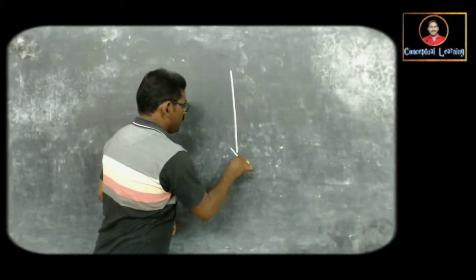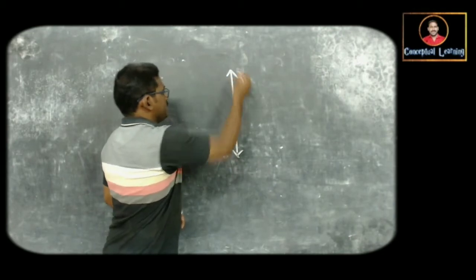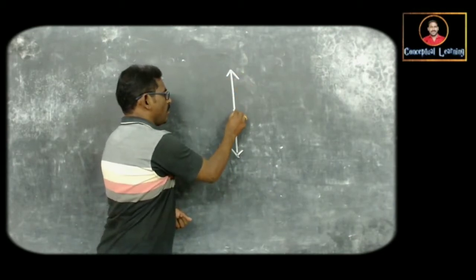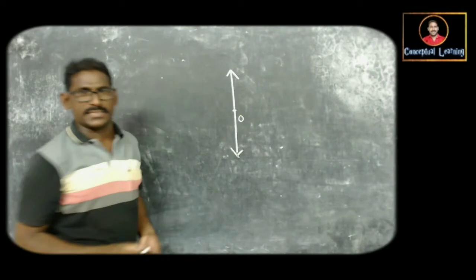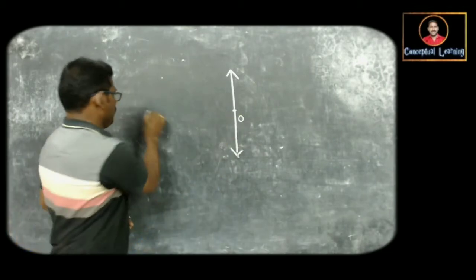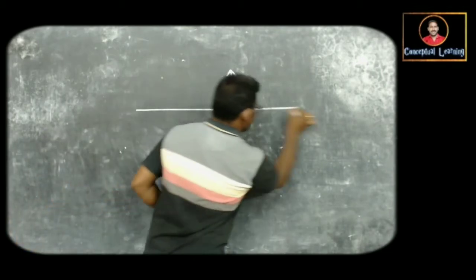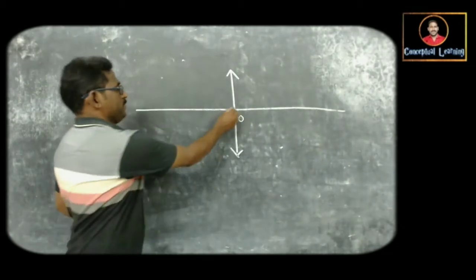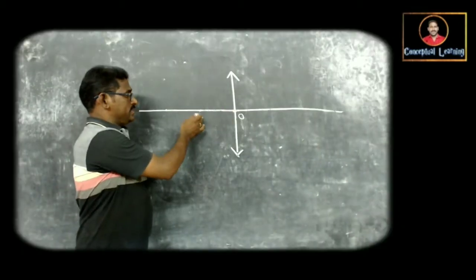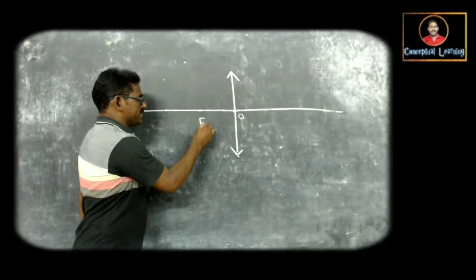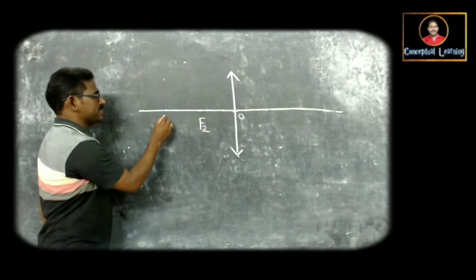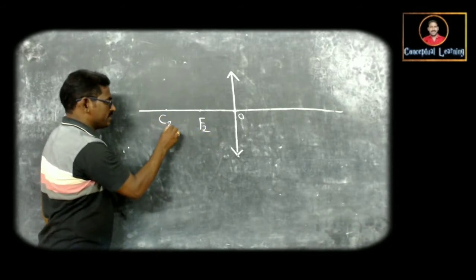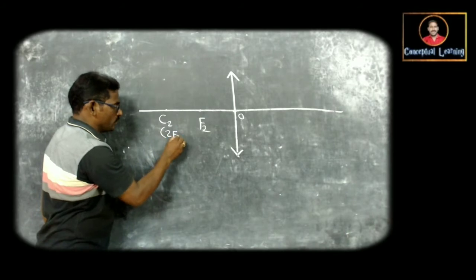So this is the convex lens and this is the optic center of the lens, which is termed as O, and this is the principal axis. This is the principal focus F2 and this is the center of curvature C2 or 2F2.